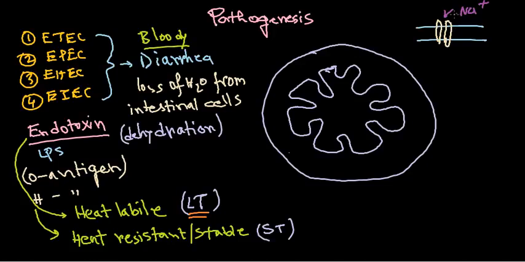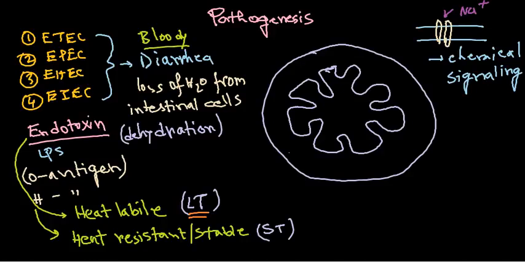This movement of ions depends upon a kind of chemical signaling. The signaling we are talking about here involves ATP and cyclic AMP concentration.